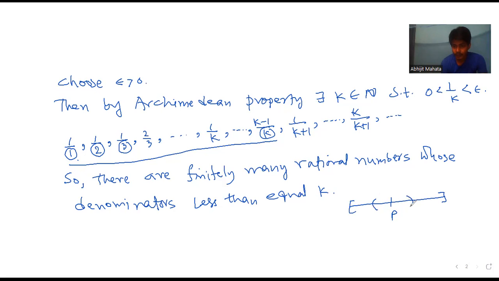Since there are finitely many rational numbers whose denominator is at most k, we can find a delta such that, in the interval from p minus delta to p plus delta, all the rational numbers have denominator greater than k.